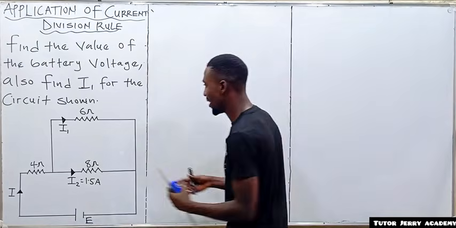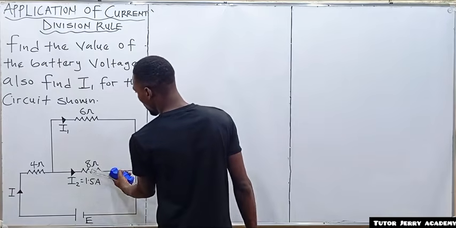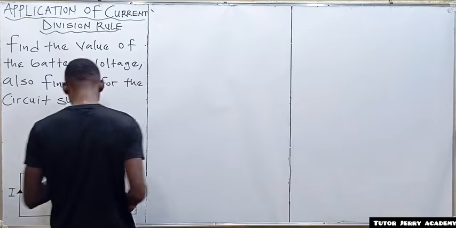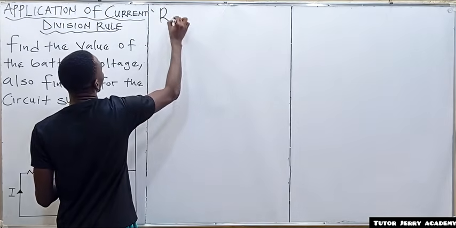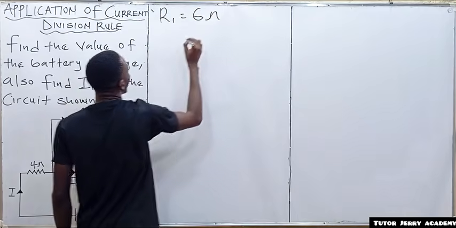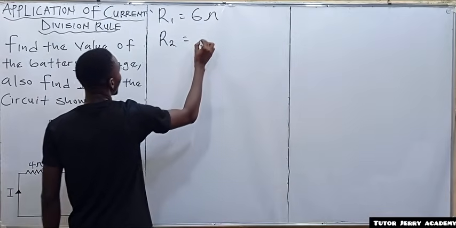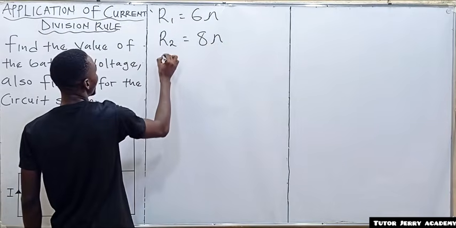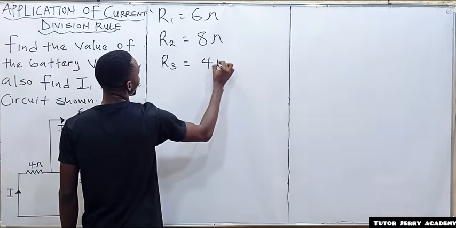But before we start, let's just name them. Let's name this R1, this R2, and this R3. So let's say R1 is 6 ohms, R2 is 8 ohms, and R3 is 4 ohms.